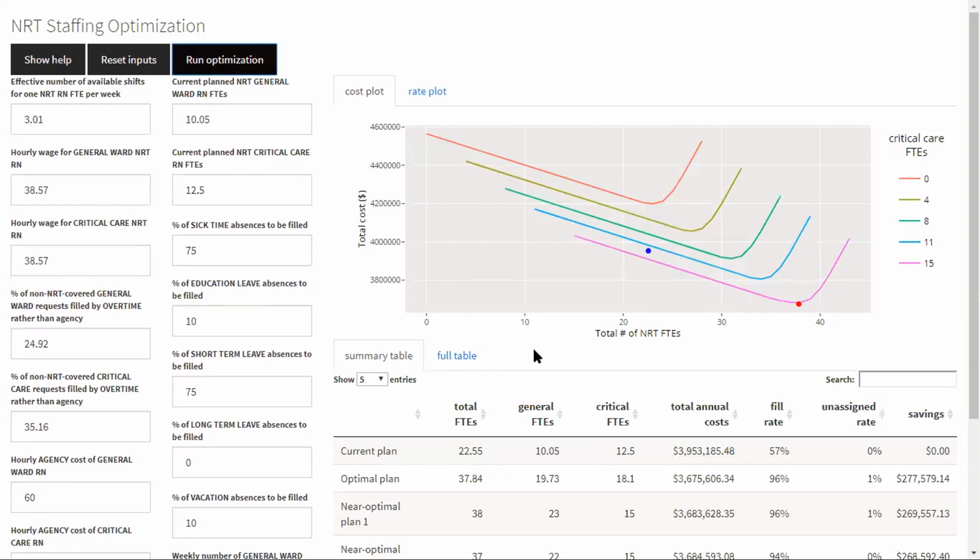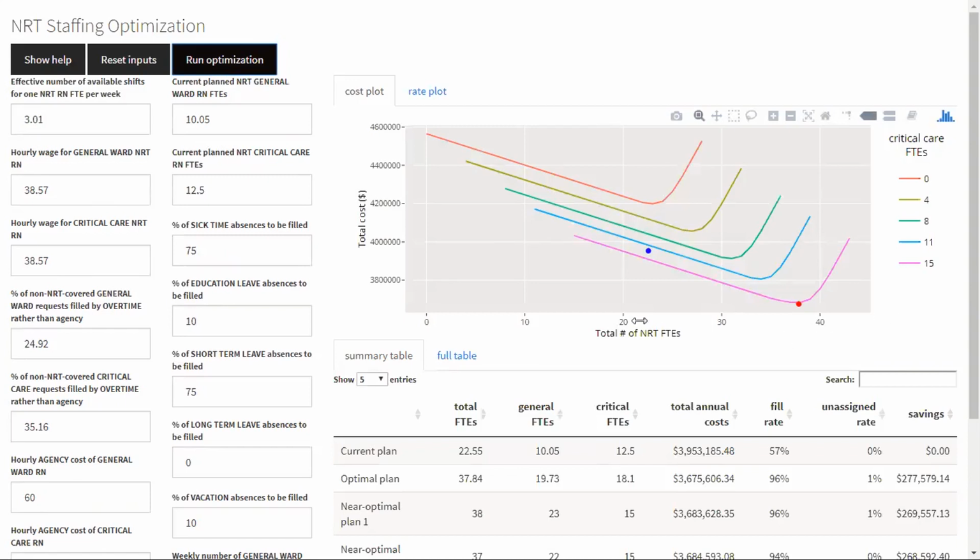Along the x-axis are the total number of NRT FTEs, and we have cost curves corresponding to different numbers of critical care certified FTEs. What we can see here is that the model estimates, at the default values of the input parameters, the optimal team size would be approximately 38 FTEs, with 15 of those FTEs certified in critical care.